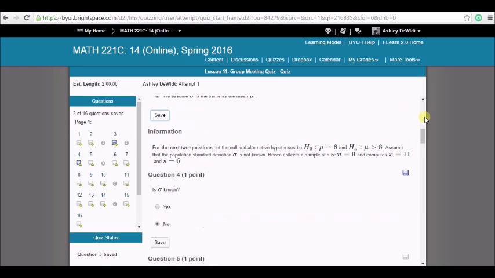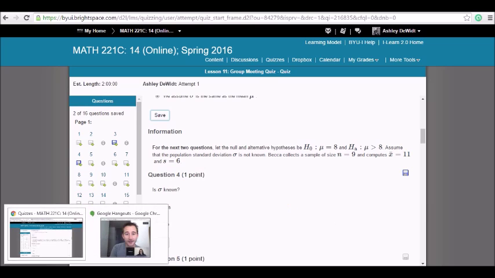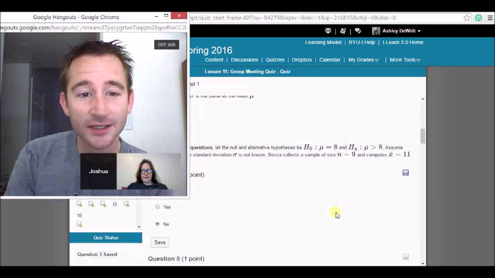What is the value of t? What does t represent? Let's see.